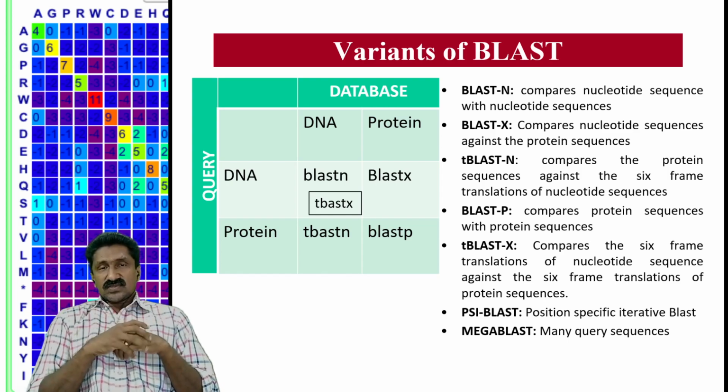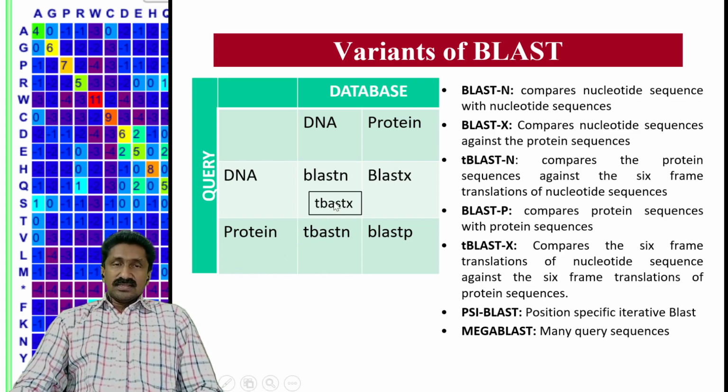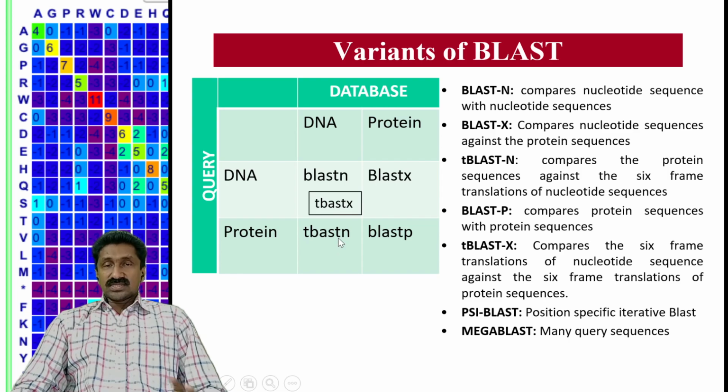Now TBLAST-X is another one which is mentioned here. It compares the 6 reading frame translations of the nucleotide sequence against the 6 reading frame translations of the other sequence. Anyway, I have already explained TBLAST-N, in which the 6 frame translation concept is explained. So you have a DNA query and a DNA database. Both the sequences need to be translated.